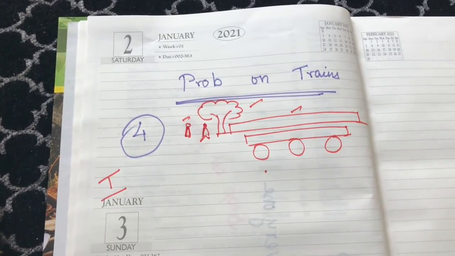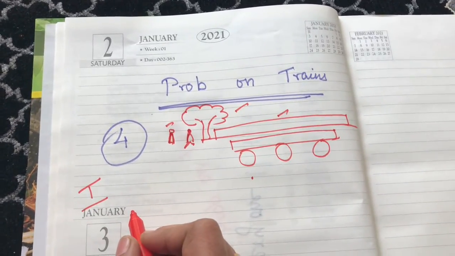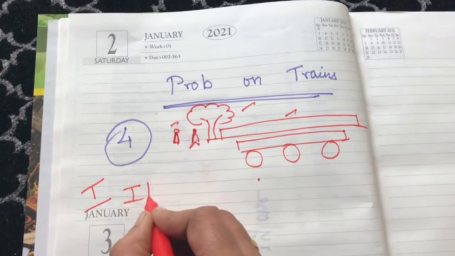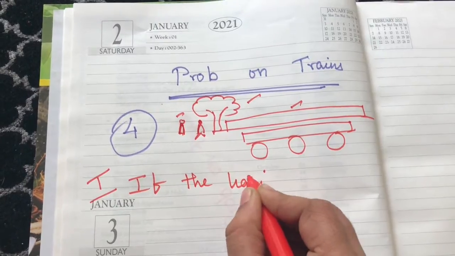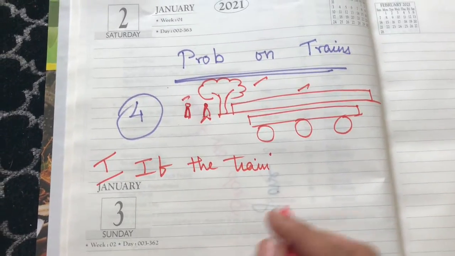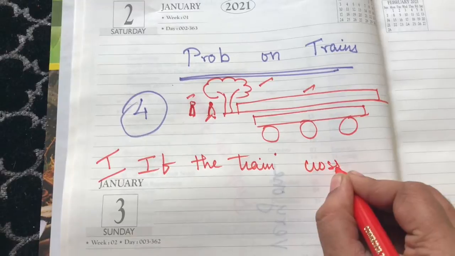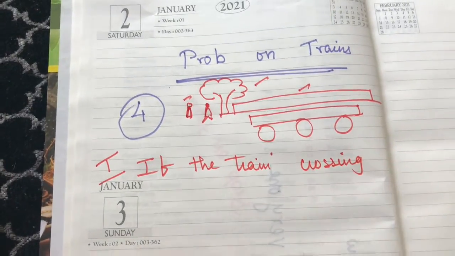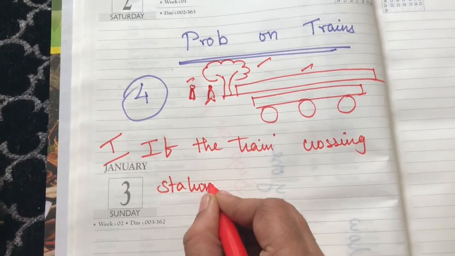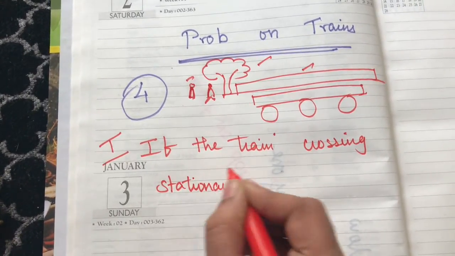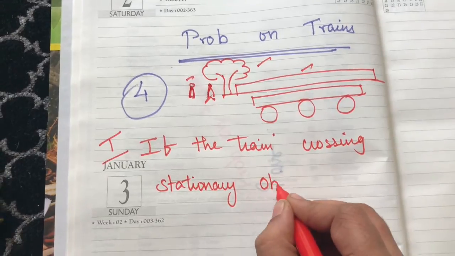So let's see that. First one is if the train is crossing stationary objects.